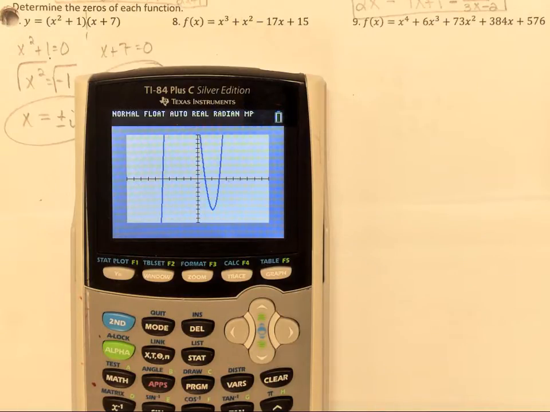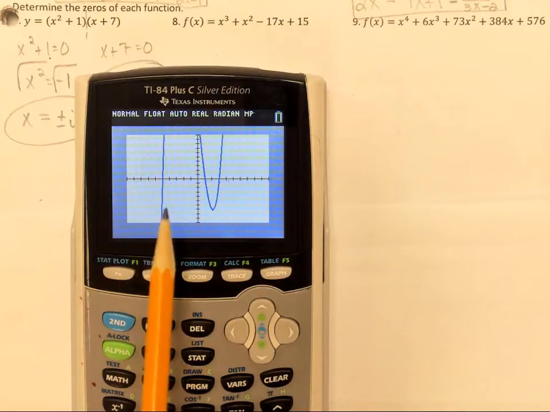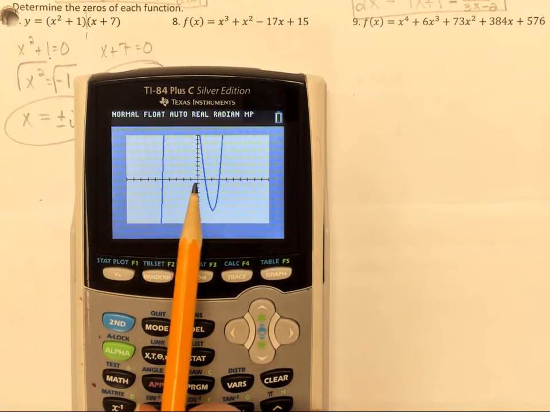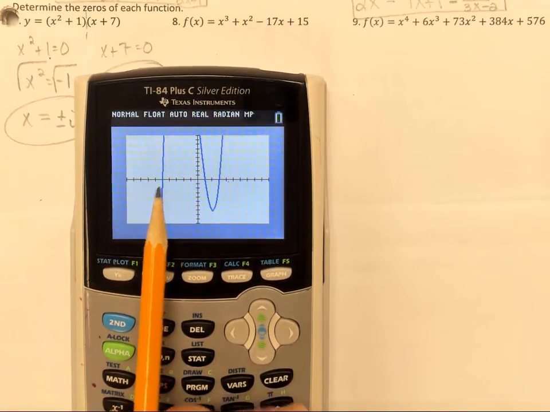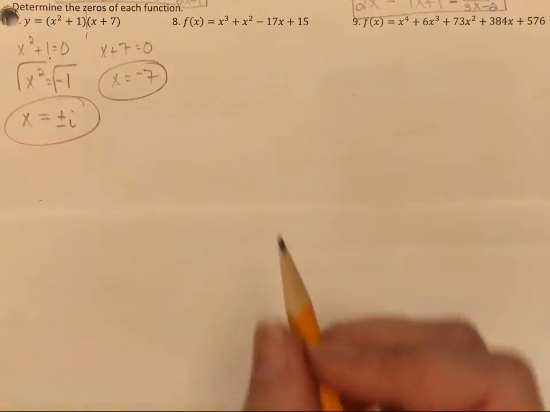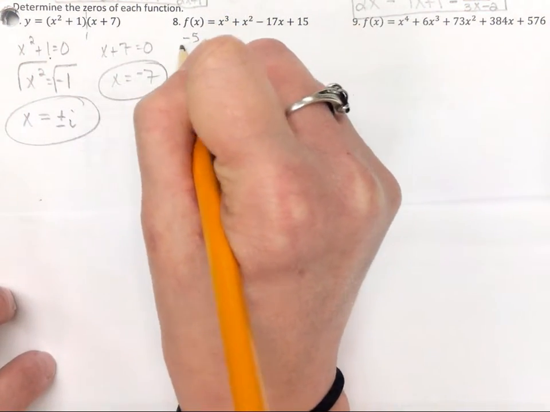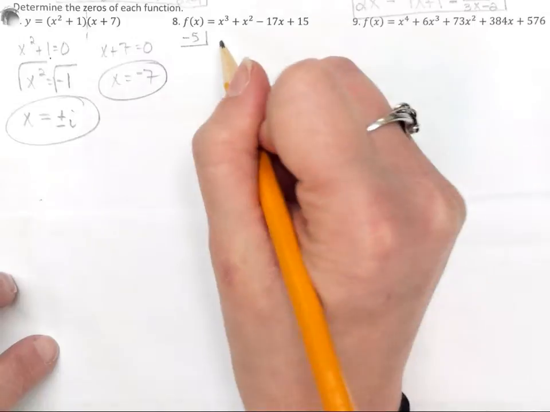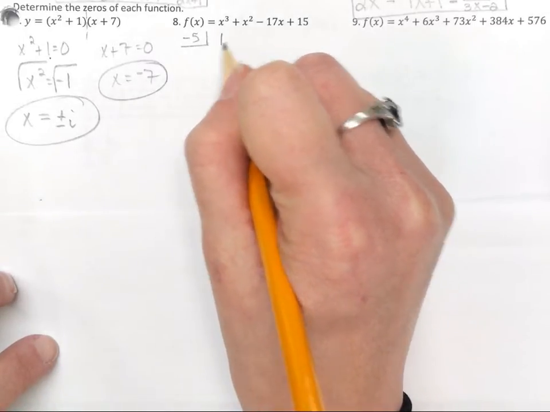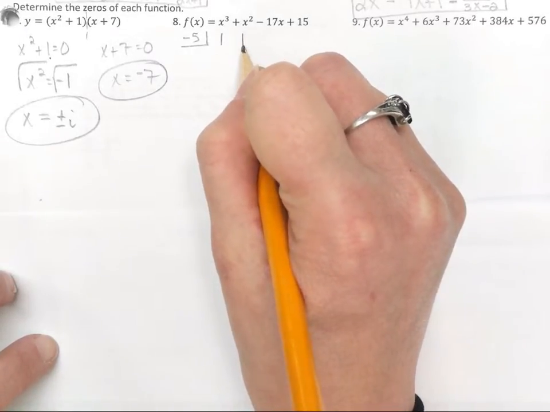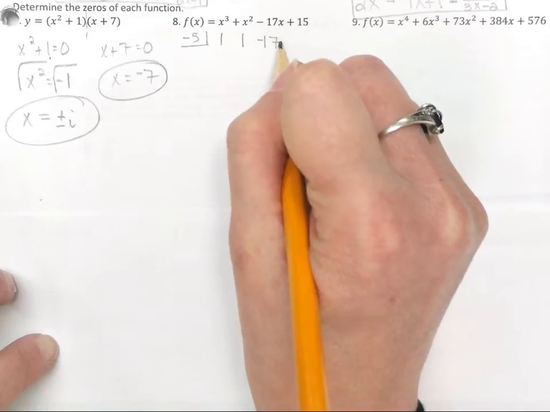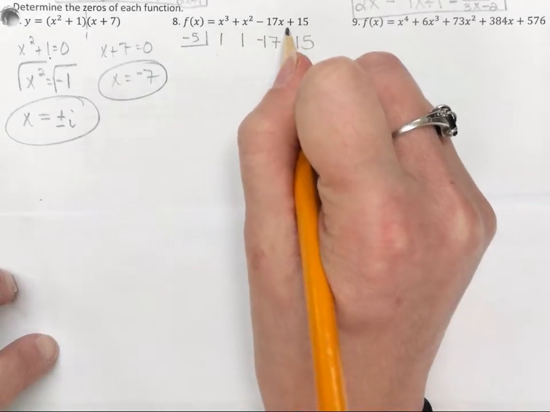This craziness? So let's see, this one looks like it hits at, what is that, negative 5? Okay, so we're going to put negative 5 in our cute little box, right? And we have 1 for x cubed, 1 for x squared, negative 17 for x, and 15 is our constant.